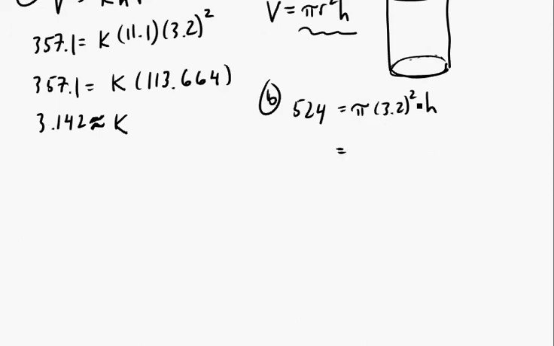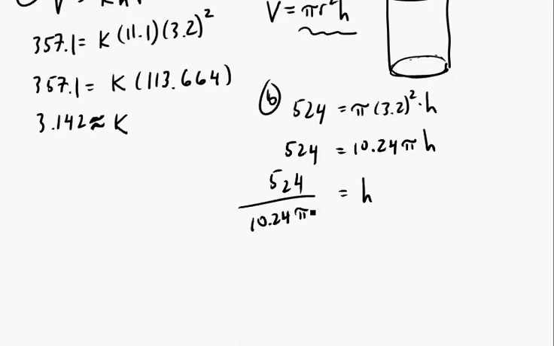So I'll first square the 3.2, which is 10.24, and I'll write this as 10.24 times pi times h equals 524, and h would be 524 divided by 10.24 pi.